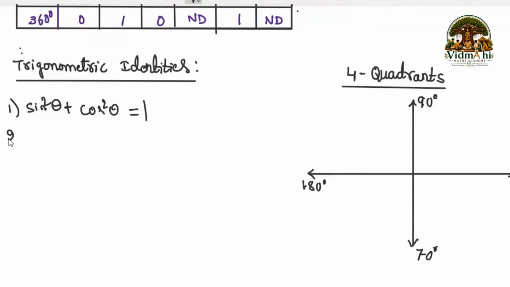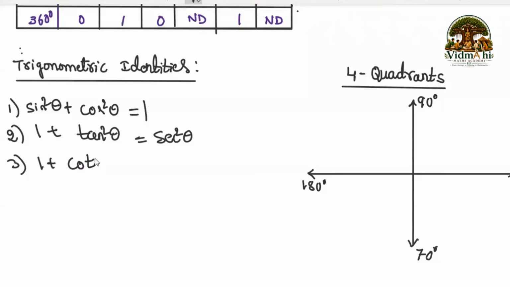And second one, 1 plus tan square theta is equal to sec square theta. Third one, 1 plus cot square theta is equal to cosec square theta. These three are the basic identities.